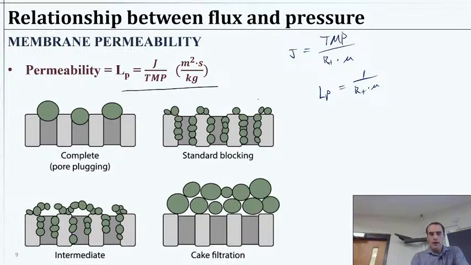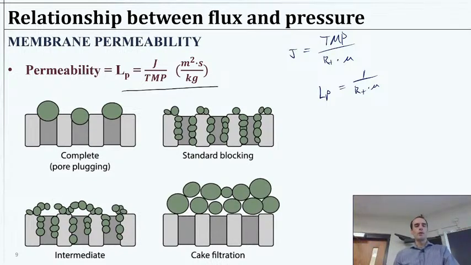We also have on this slide a couple other pictures depicting how the fouling can work. We might have complete blocking, where a particle just sits and plugs the pore directly. That's not quite as common. We would try to operate where the particles we're trying to remove are a little too big for that or a little too small. Standard blocking is maybe the most common conception, where it's just lining the walls and therefore shrinking the pore.